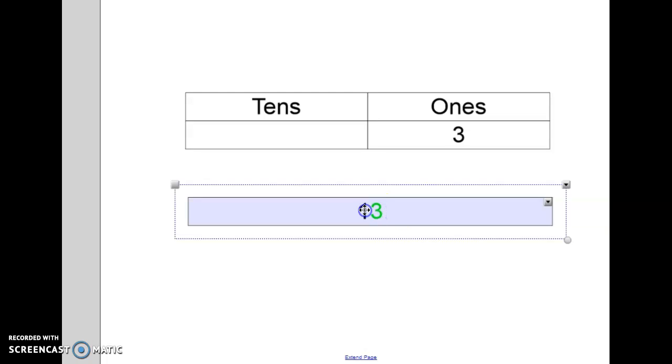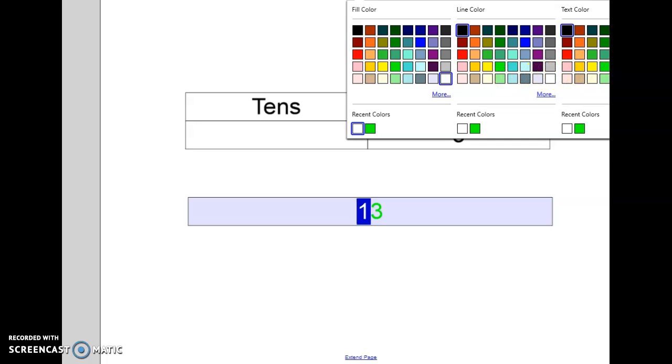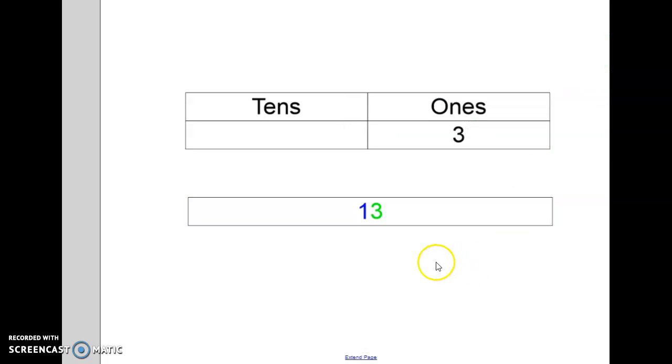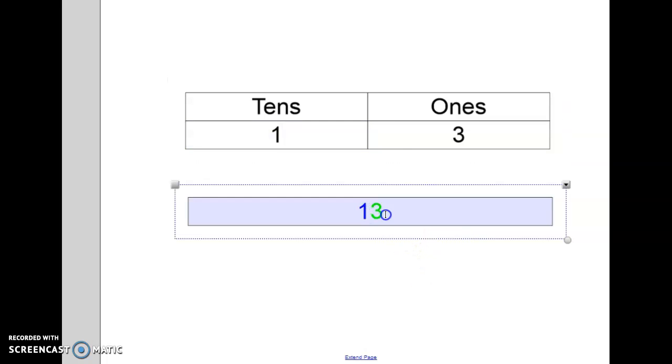Okay. The next number you come up to is the tens place. So I'm going to put a 1 in the tens. Okay. So this number is ones. This number is your tens.